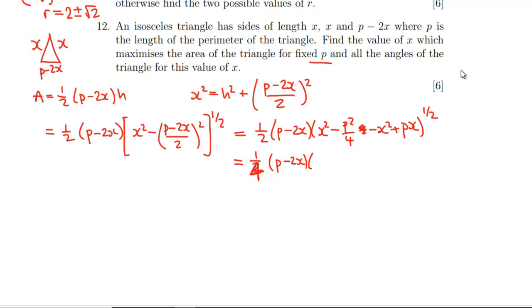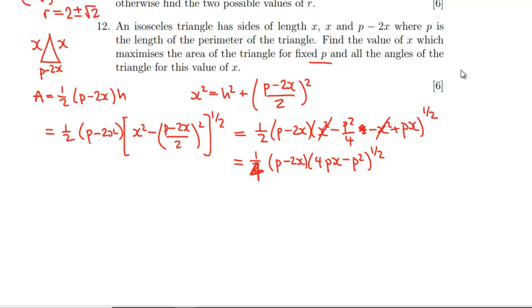And we'll have 4px minus p squared, all to the half. I think that's what we've got in there now. Just getting that quarter outside because we can square root it. These have cancelled, so we'll have to have a 4 in front of the px. Yep, so that's looking good.